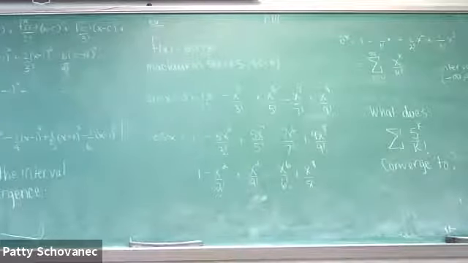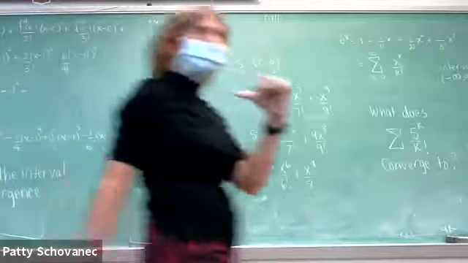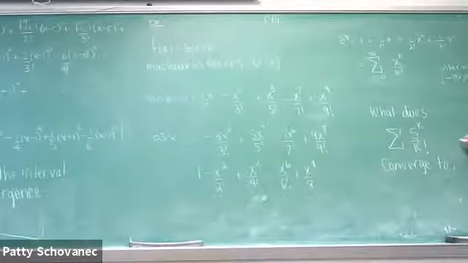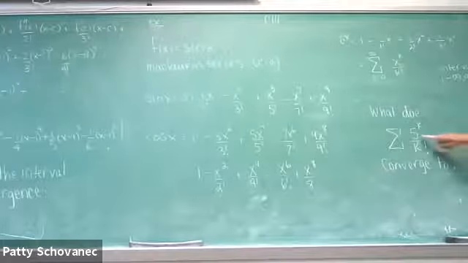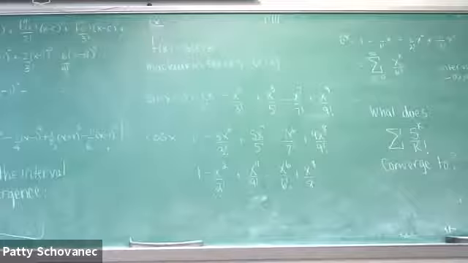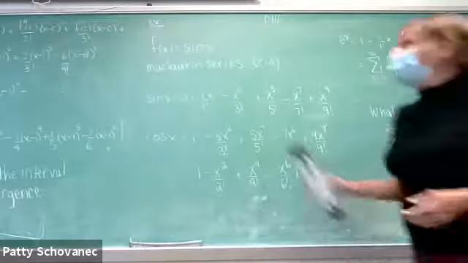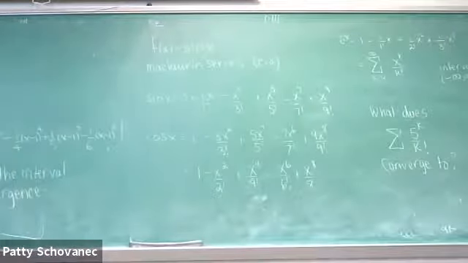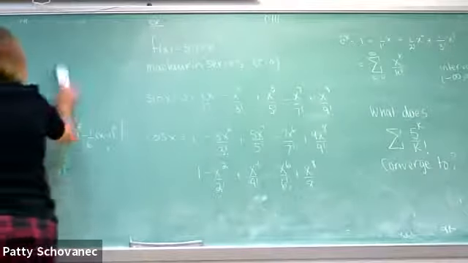It converges, but what does it converge to? E to the 5th. So if it's a known power series, now we can tell what the series itself converges to. All right, I just replaced x with a 5. Okay. All right, what does a geometric series look like when I write it all spread out?